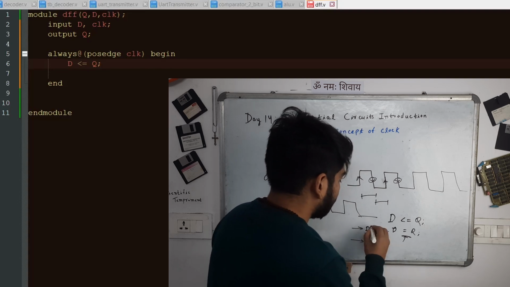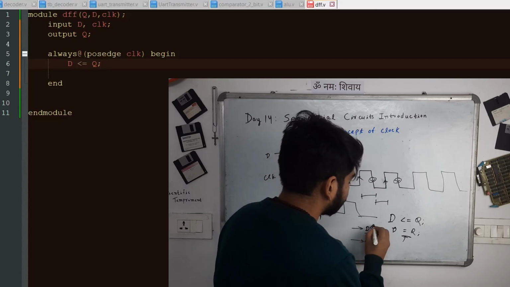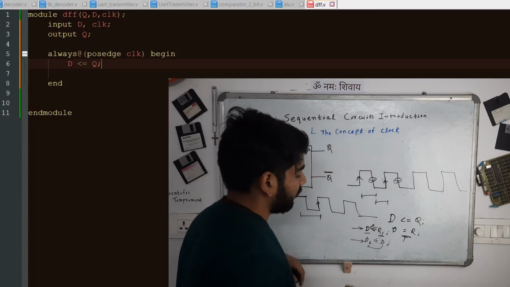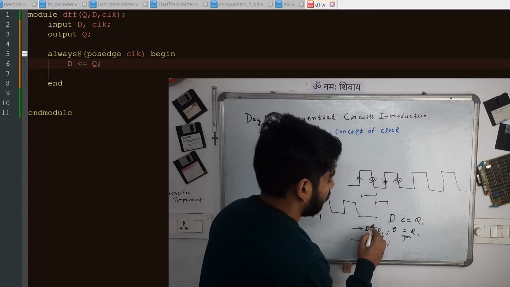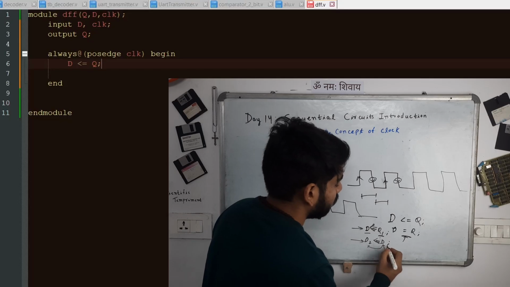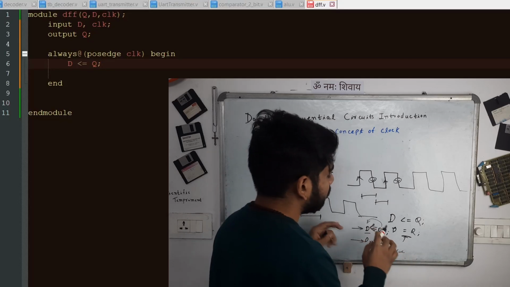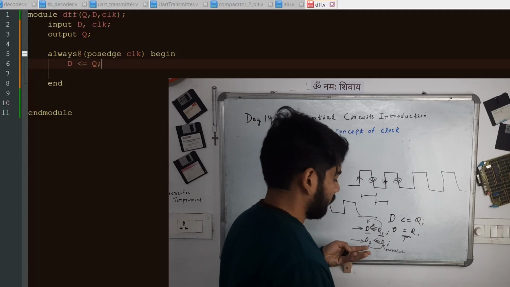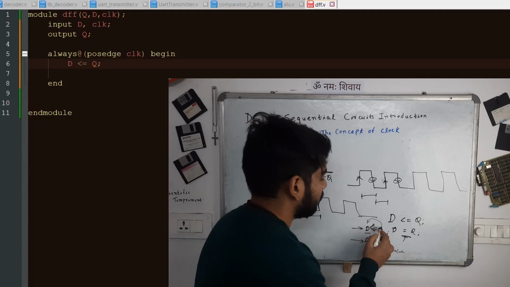But if we write it like this, it is a non-blocking assignment. Everywhere, this D will be the old value. So this D will not get the value of Q1 immediately. On the next clock edge, this will get assigned.